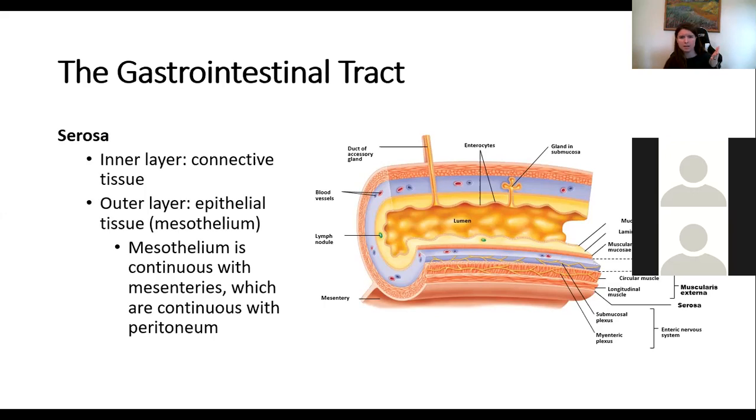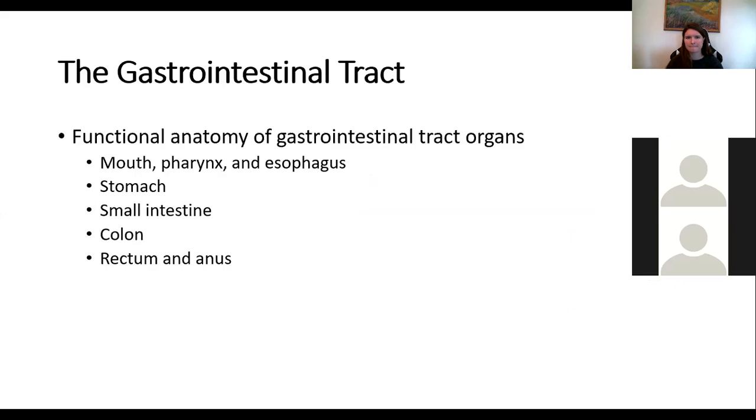And so this outer layer of the gastrointestinal tract, the serosa, this outer layer called the mesothelium, is continuous with those mesenteries, which are themselves continuous with the peritoneum, which is the slippery layer that lines the whole abdominal cavity, basically. So the outside layer of your GI tract kind of merges into everything else in the abdomen. Okay.